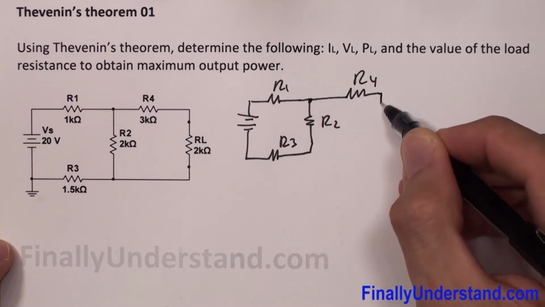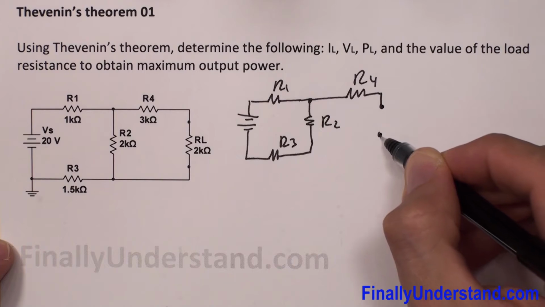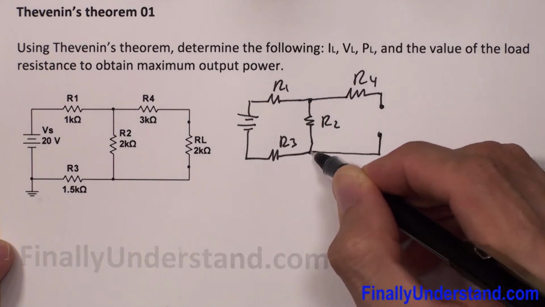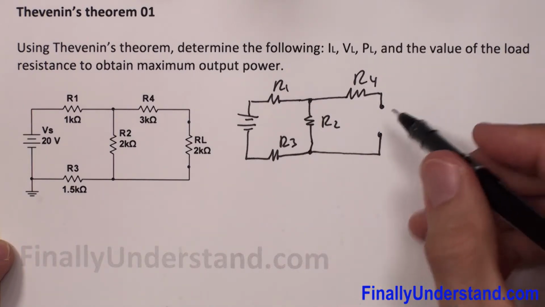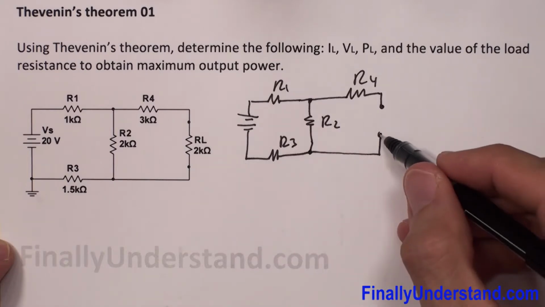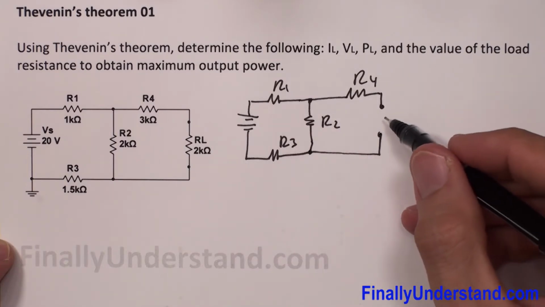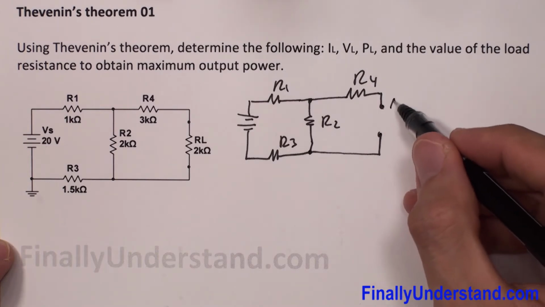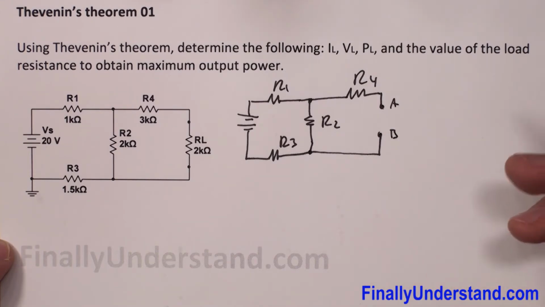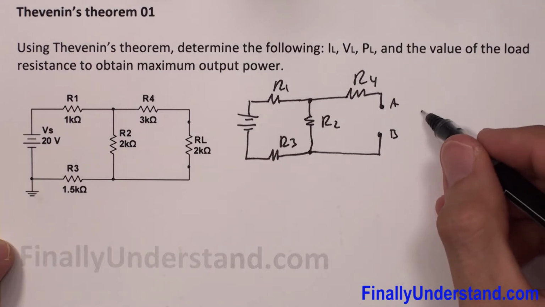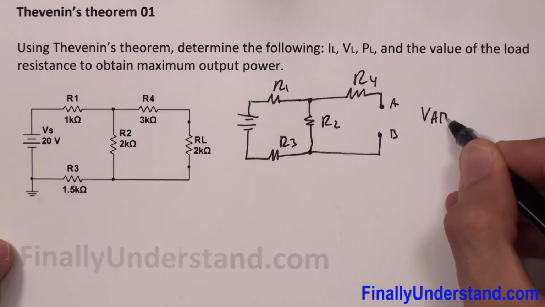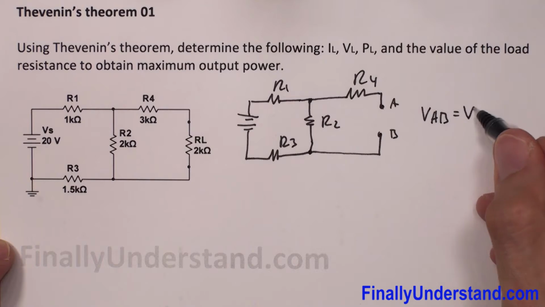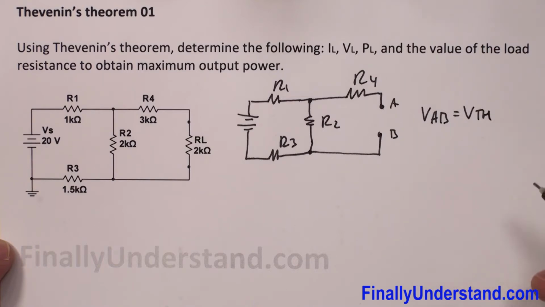And as I said, we have to take out the resistor RL, and we're supposed to find the voltage between these 2 points. I can call these 2 points point A and point B, for example. So voltage VAB is going to be equal to my Thevenin's voltage VTH.